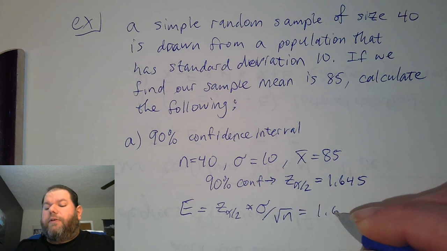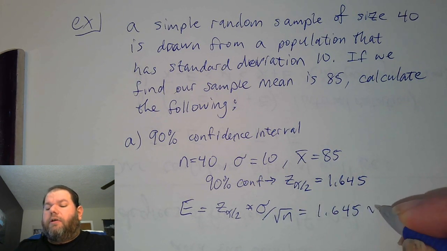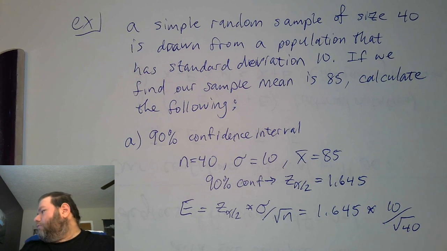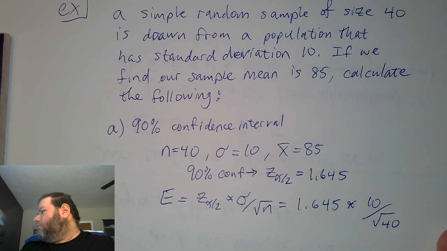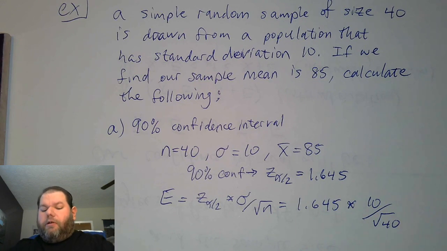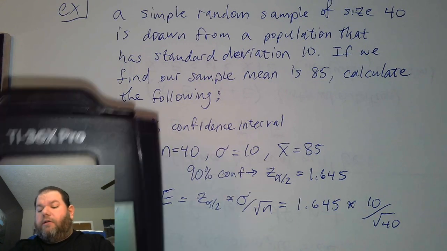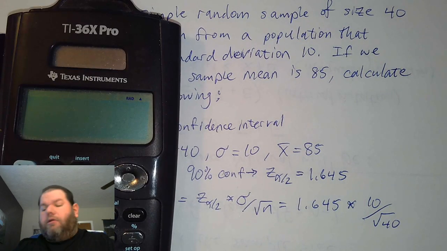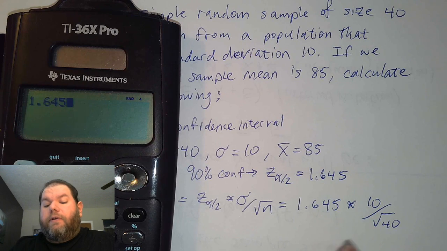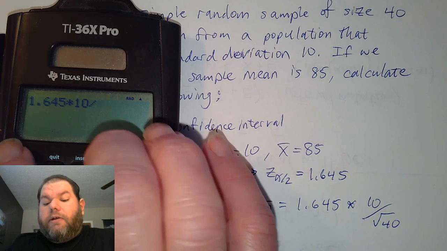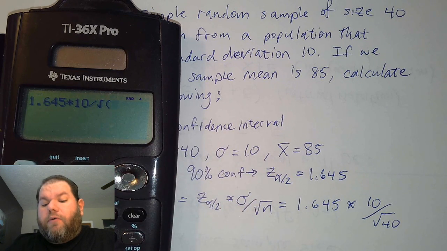So it'll be 1.645 times 10 divided by the square root of 40. So we just want to calculate that: 1.645 times 10 divided by the square root of 40.